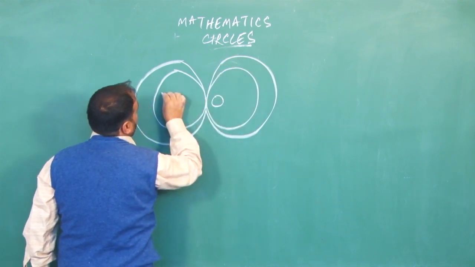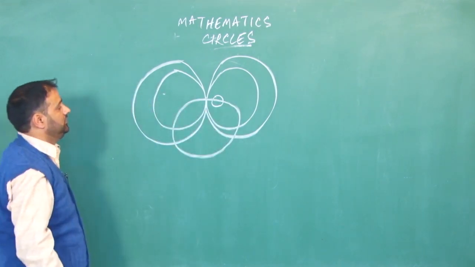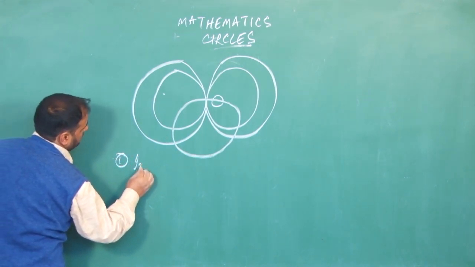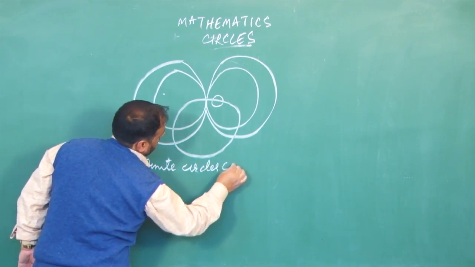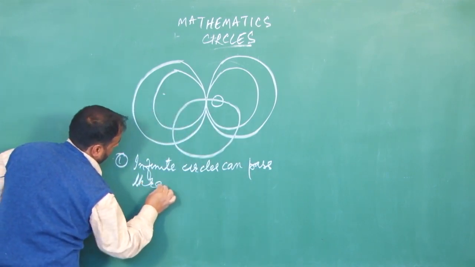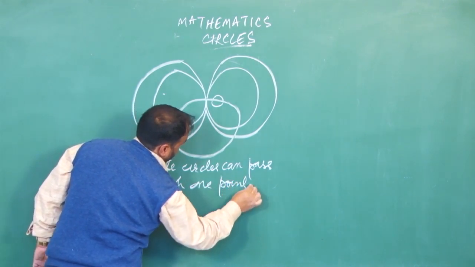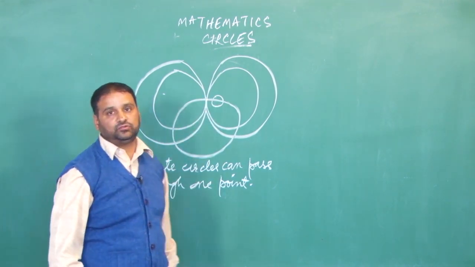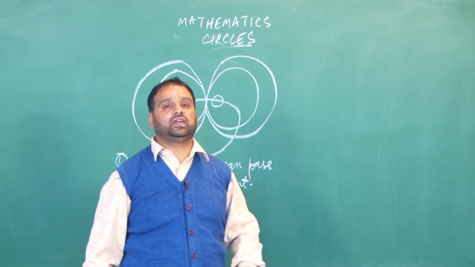So, the first result is that infinite circles can pass through 1 point. If you draw a point and draw as many circles as you can that pass through that point, you can find out infinite circles can be drawn.